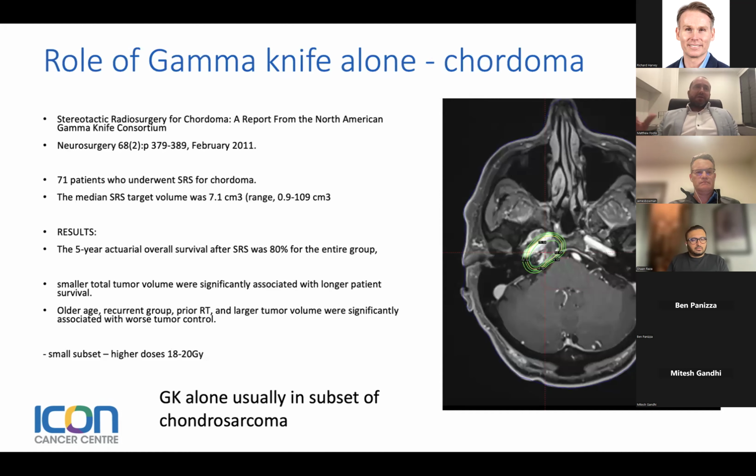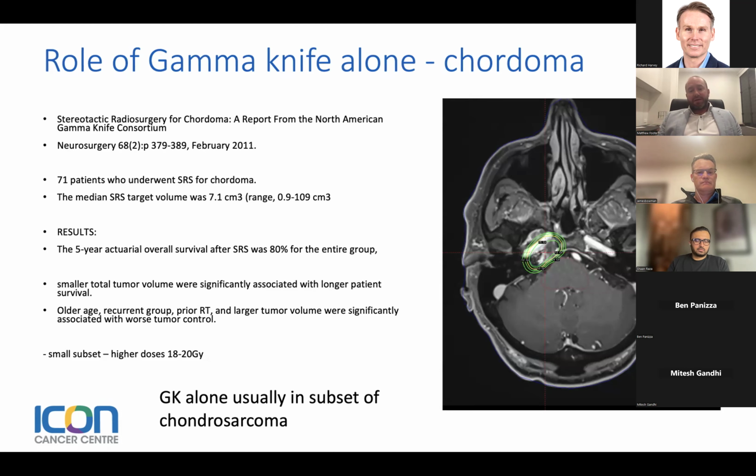James did mention the role of upfront treatment. Look, there is data on upfront treatment, and this is the gamma knife data, 71 patients. And not surprisingly, those patients treated for salvage did worse. Those patients with higher volume did worse. There is a significant impact on dose, and you do need to get above 18 gray.